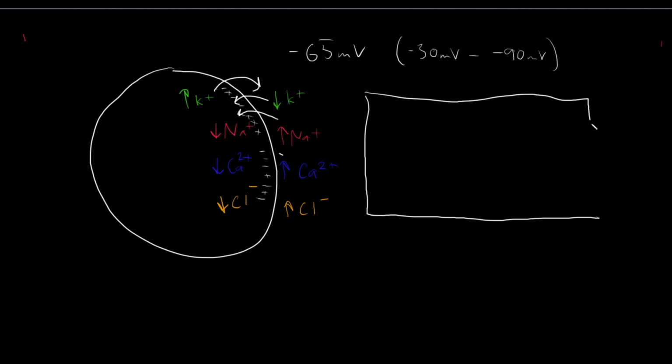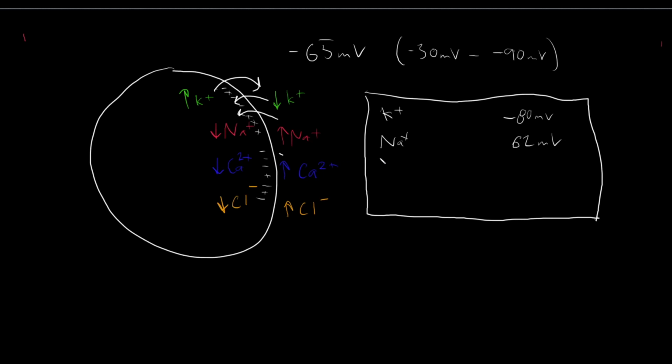So let's make a little homemade table. So for potassium ions, if potassium was the major contributor to this membrane potential, if it did exactly as it wanted and it wasn't affected by the other ions, you would get a negative 80 millivolt potential. For sodium ions, you would get a 62 millivolt potential.